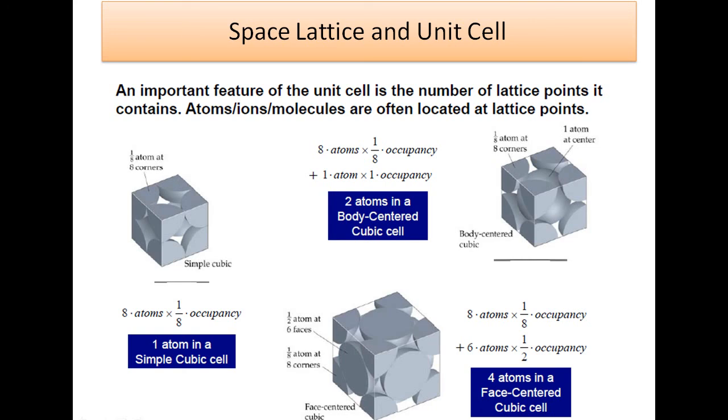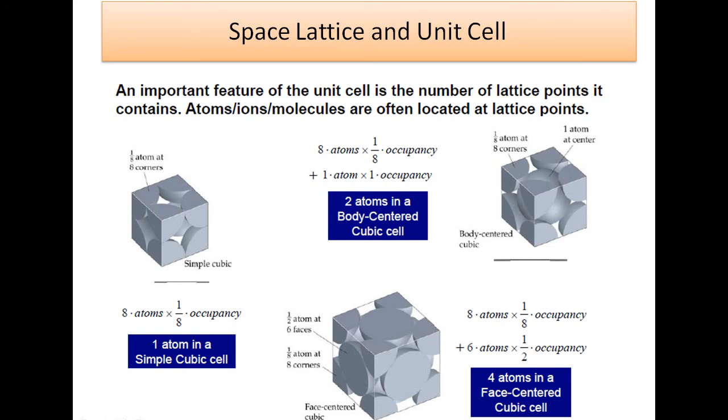As we see here in the figure, each particle at the face is shared by 2 unit cells. So what we can say here is that its contribution toward 1 unit cell is 1 by 2.